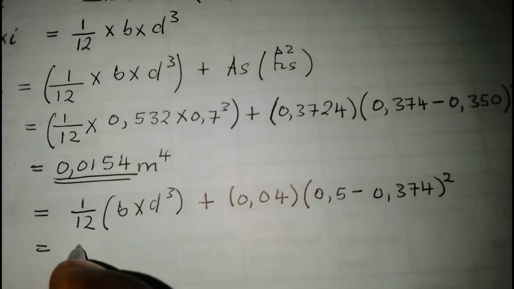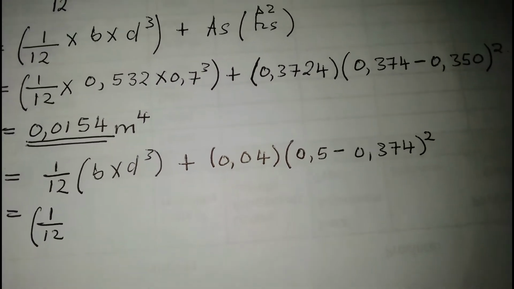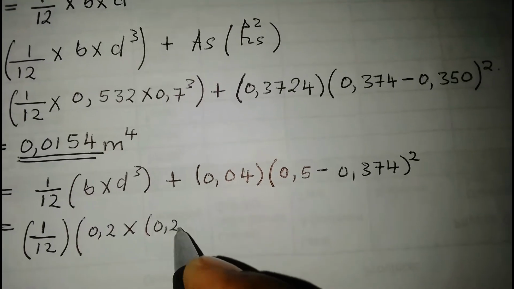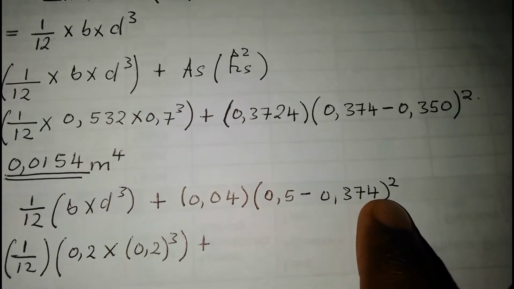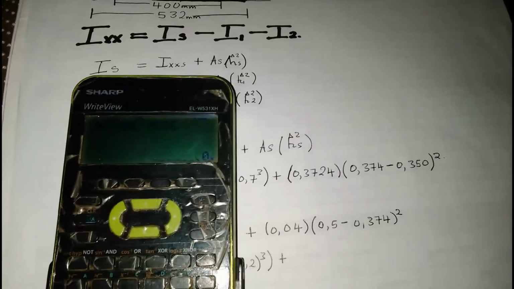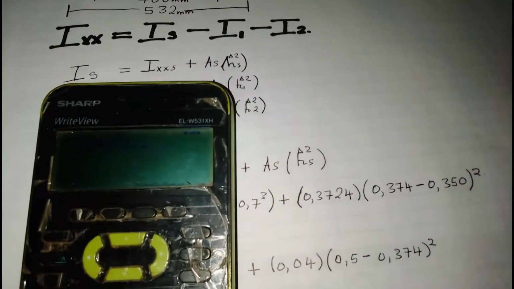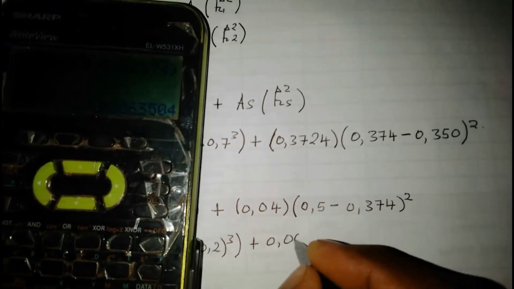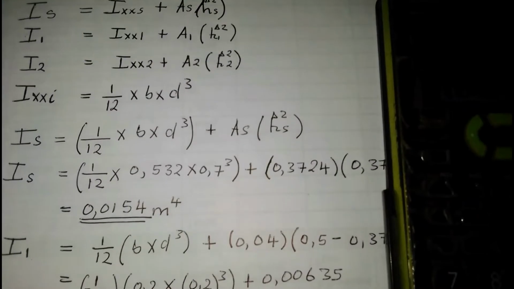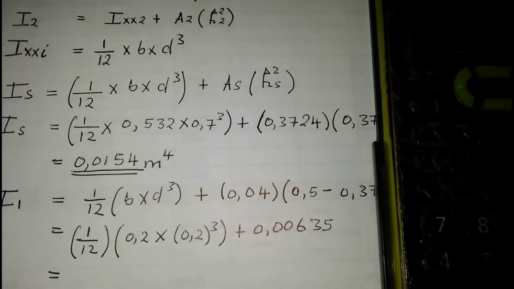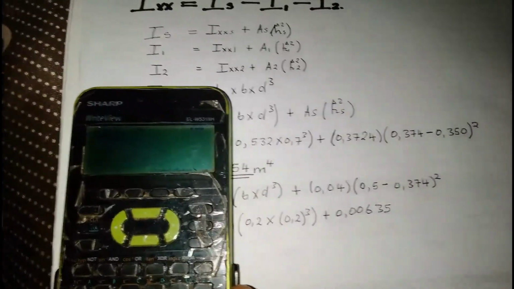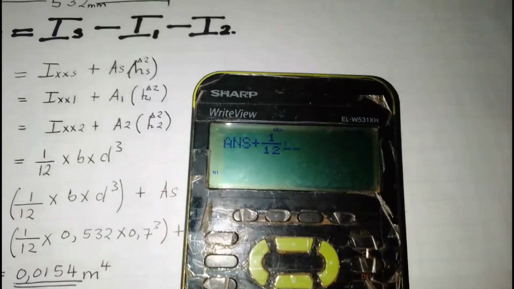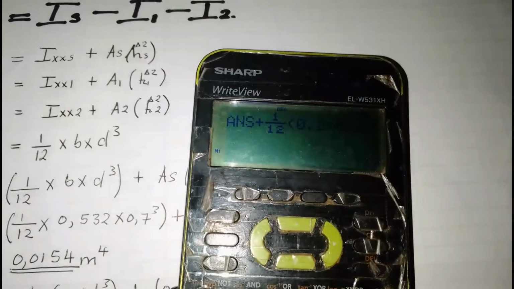So we say 1 over 12, 0.2 multiplied with another 0.2 cubed, and I'm going to add this one, the 0.04, multiplied by 0.5 subtract 0.374, squared. This gives 0.00635. We add this 0.00635 to the 1 over 12 of 0.2 and 0.2 cubed.